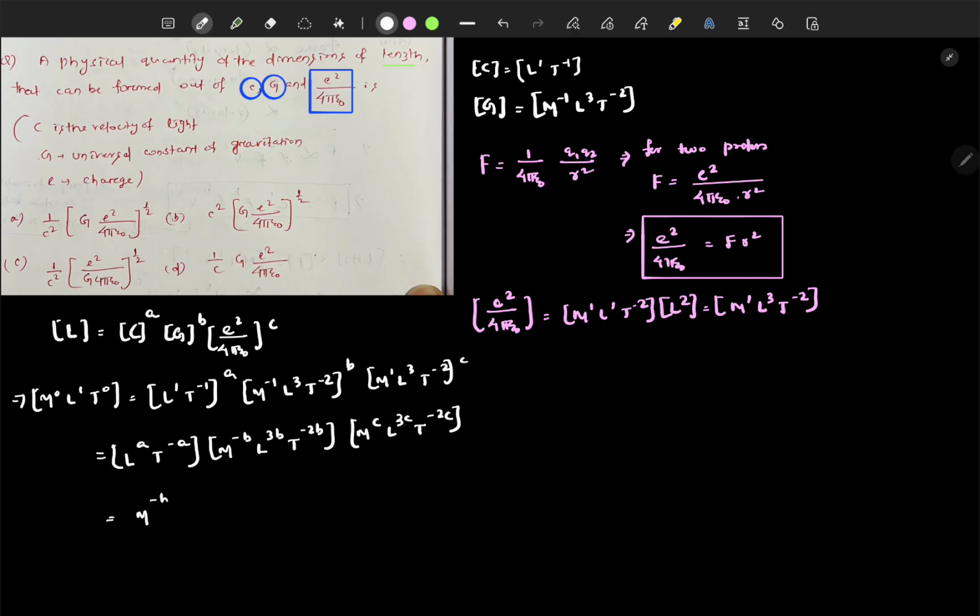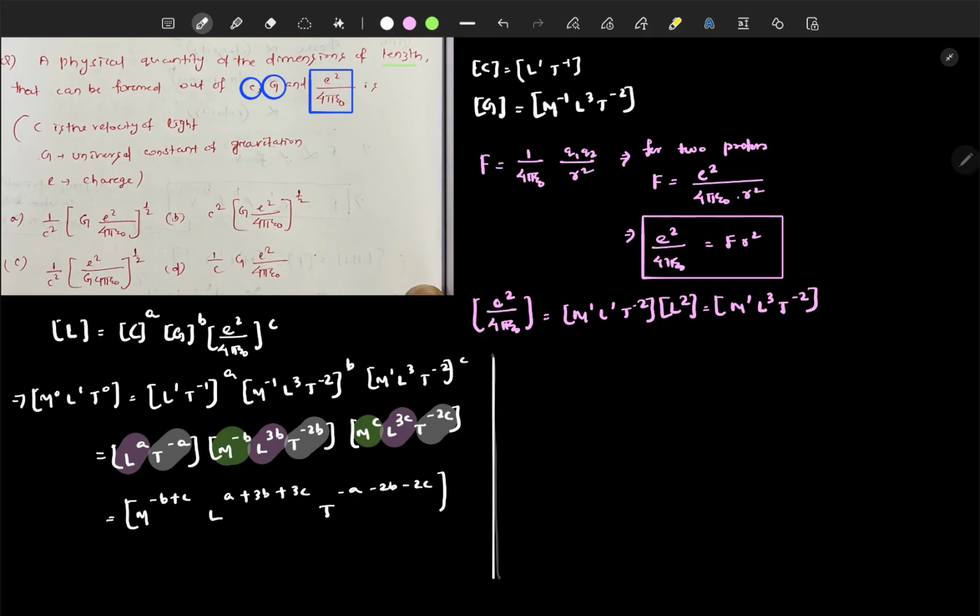M power minus B plus C. Look carefully: M power is minus B, M power is C. Next, L power is A, L power is 3B, L power is 3C, so combinedly L power A plus 3B plus 3C. Then the T power is minus A, minus 2B, minus 2C.